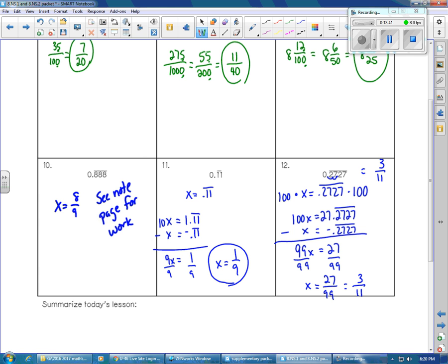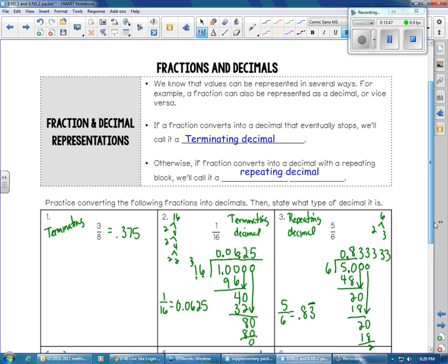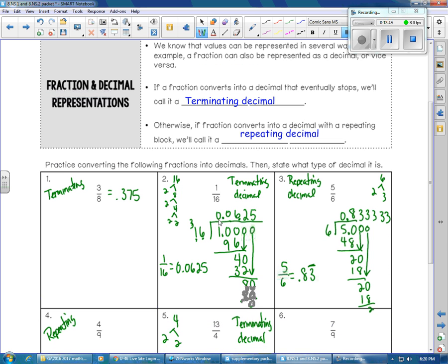To summarize this lesson, now the lesson was actually a 2-day lesson. The first day we went over how to make fractions into decimals. So hopefully you remember this and you can summarize this situation where the numerator is being divided by the denominator. If you can prime factor your denominator into factors of 2 or 5, you know you're going to have a terminating decimal.